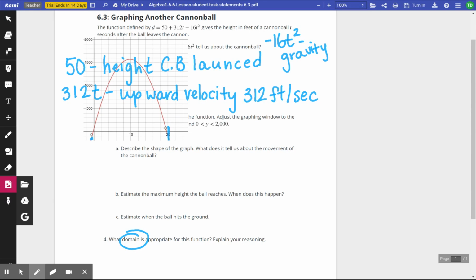And then over here, same thing. Once it hits the ground, it's on the ground. It's not plummeting through the ground, through the earth. So it really only makes sense for this to have a domain between 0 and 20 seconds.